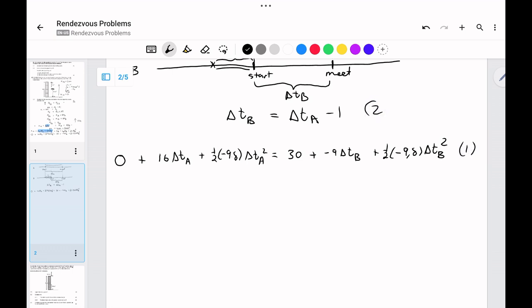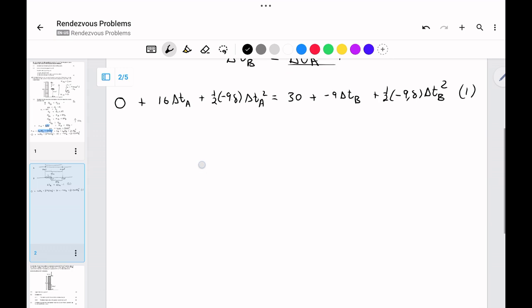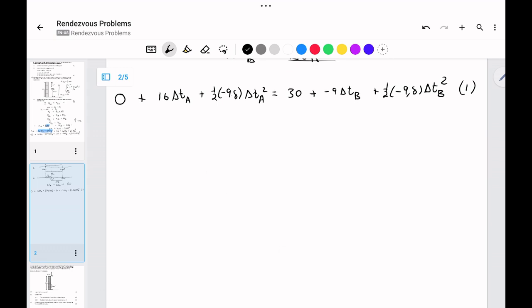This is actually going to be the second equation. And I'll use the second equation to rewrite the first now. Anywhere where I see a time for B, I will get rid of it and put this in its place. So let's write 16 times the time for A plus 1/2 minus 9.8.